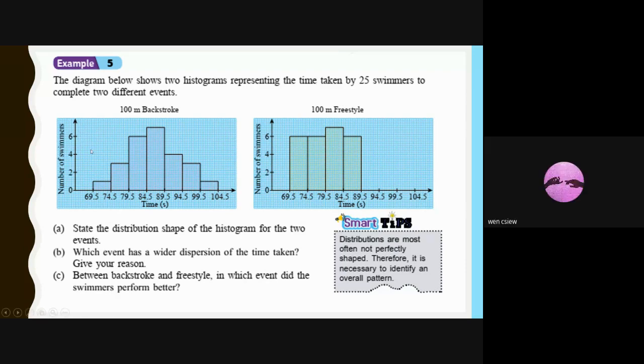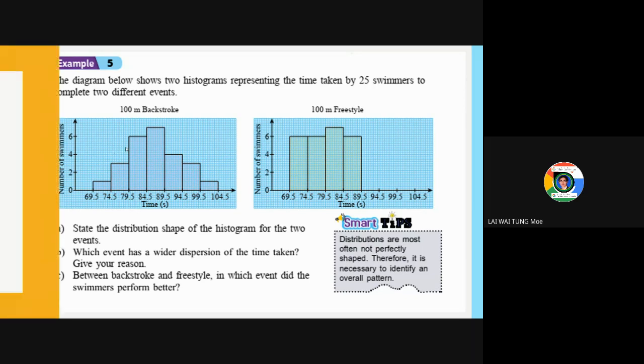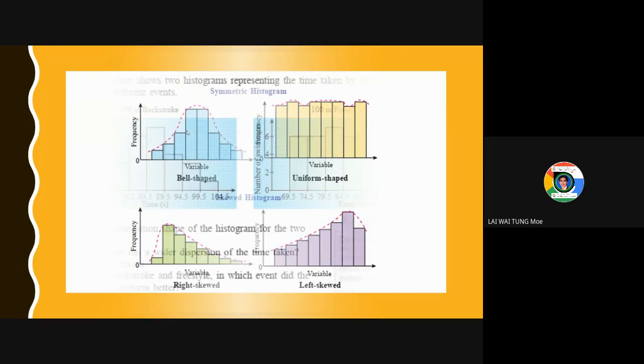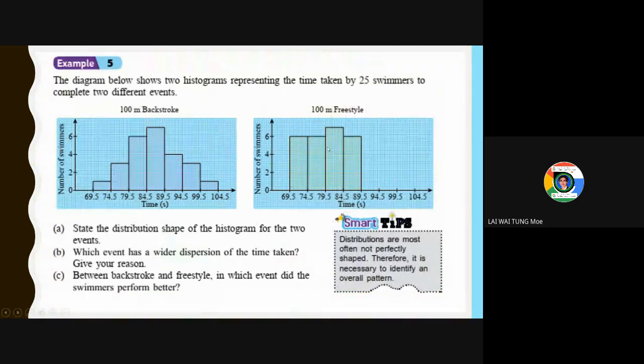Siwen, very good. If you compare with the notes just now, it's very similar to this one, so this is the bell shape. Good try. How about the second one? What is this shape?